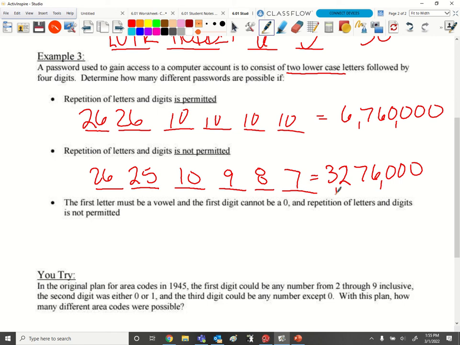Now, just by not letting repetition happen, that's like half of it right there. That's a lot of possibilities that you just took away.